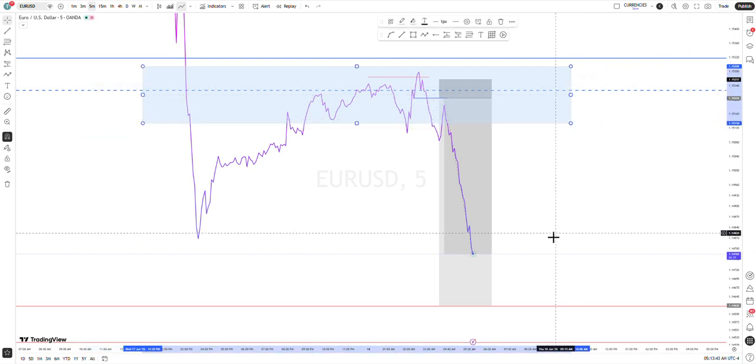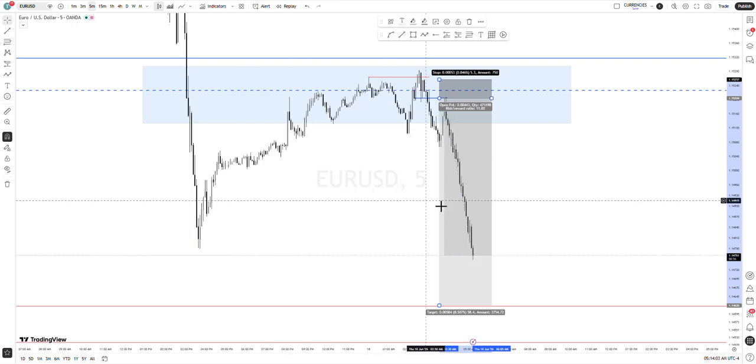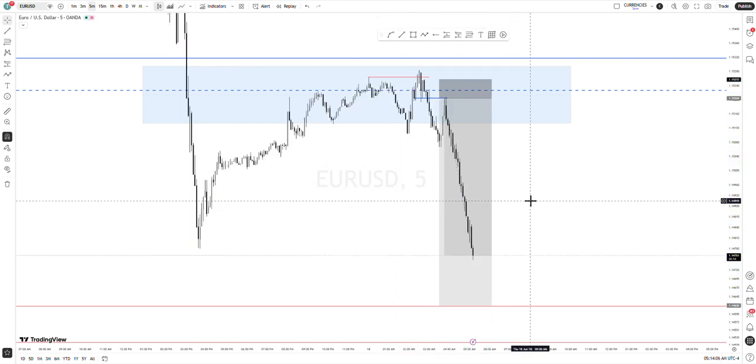And you can see here we have a nice 1:1 risk reward ratio, and we are currently at, let me say, 70% of our target, which is actually very nice. So this is how I got this trade idea.